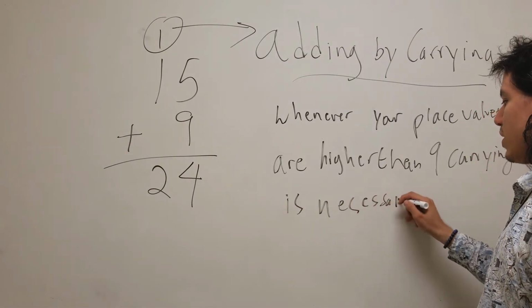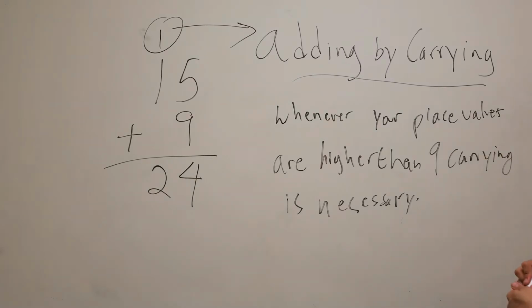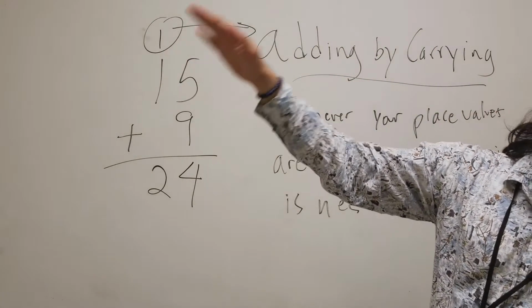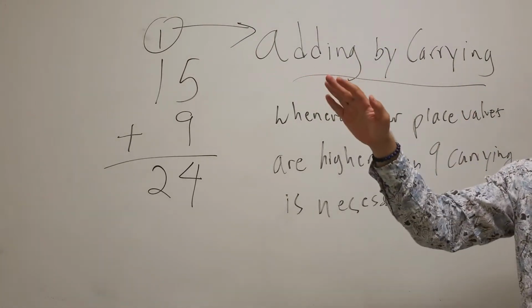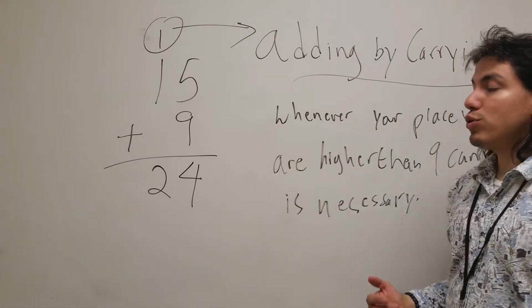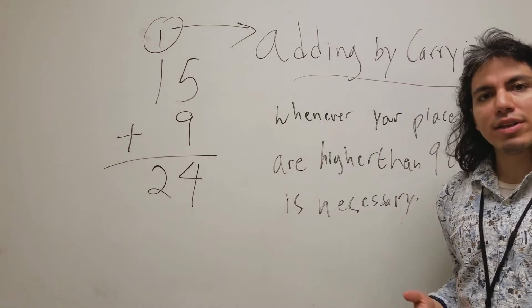So just exactly what I showed in that example there. It brings the idea that you have to carry the 1 over to the next number, so this way you're able to do the calculations correctly.